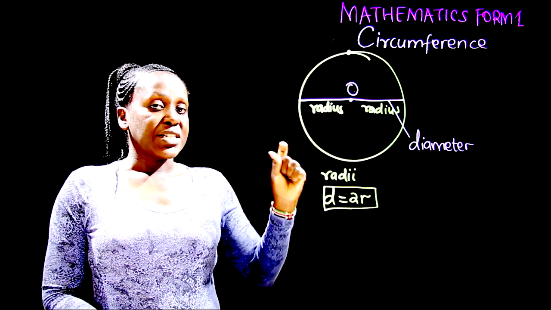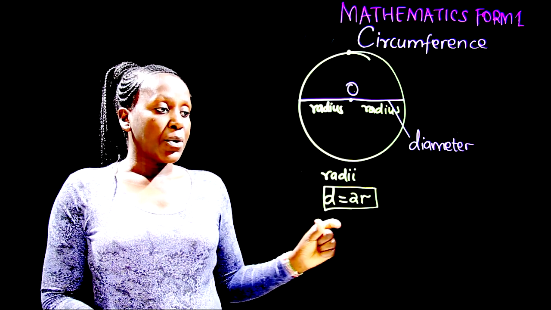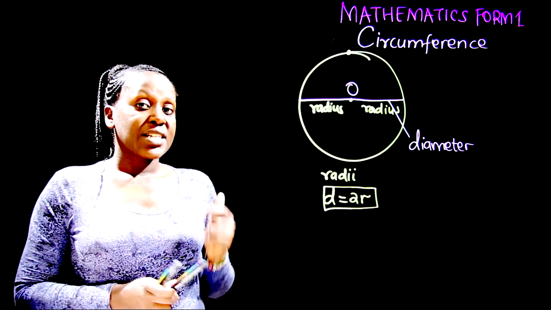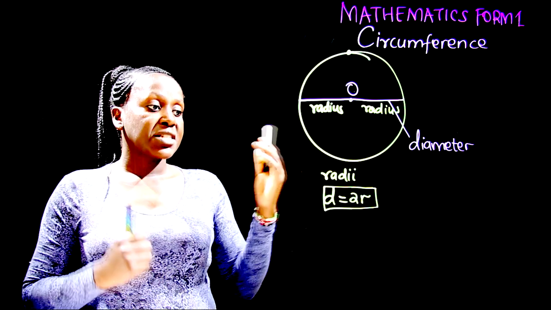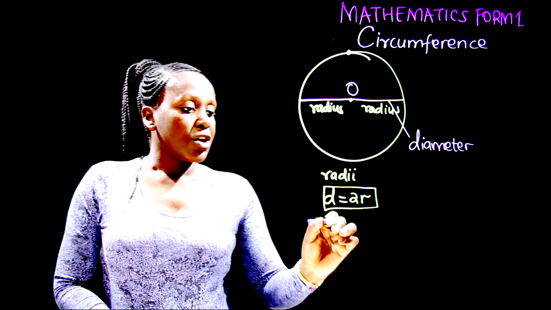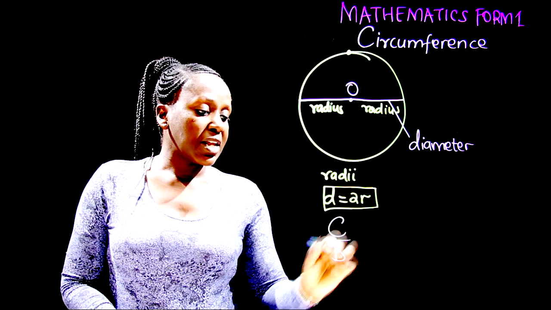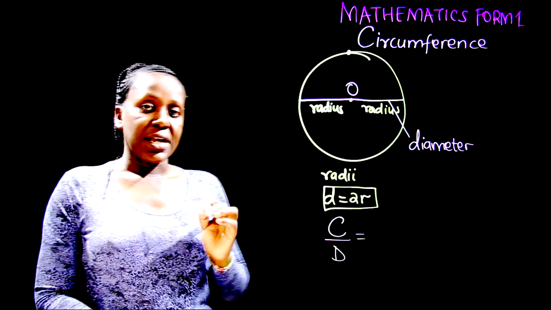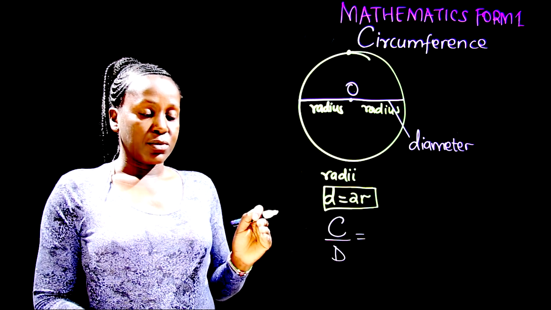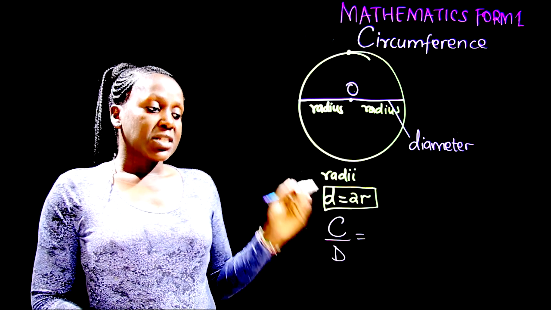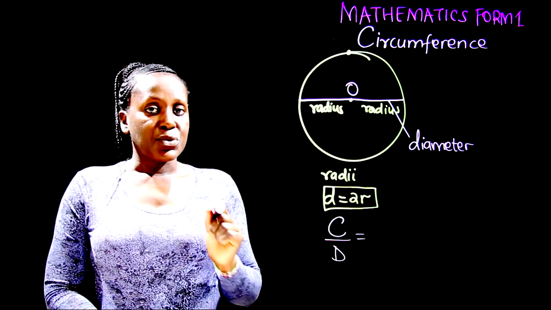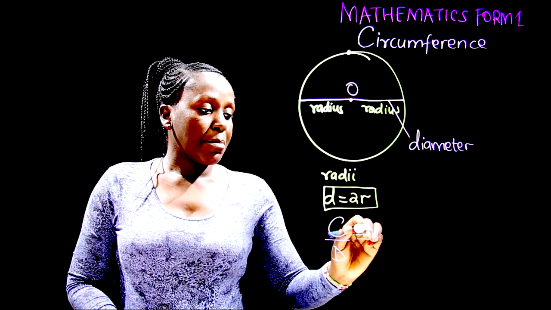That value is the same for each circle. So there is a relationship between the circumference and the diameter of a circle. If you take the circumference of a circle and divide by the diameter, you will obtain the same value for every circle, and that value is known as pi.